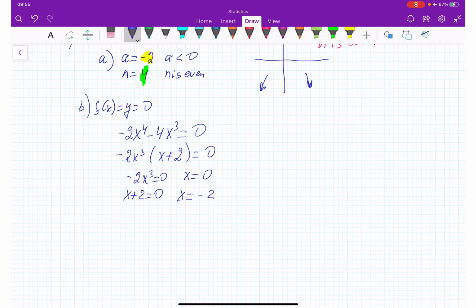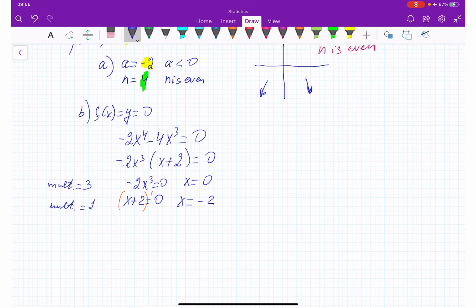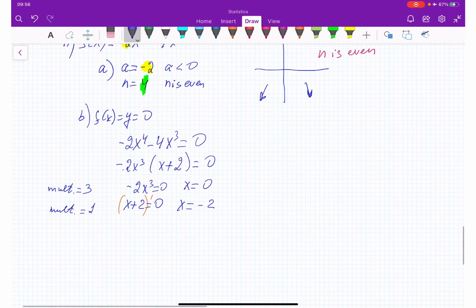All right. So what do we have in this case? We have multiplicity equal 3, which is odd, and multiplicity here is going to be 1, right? We have two multiplicities that are going to cross the x-intercept. All right, so let's draw the graph.